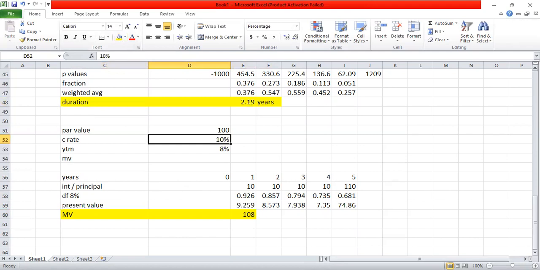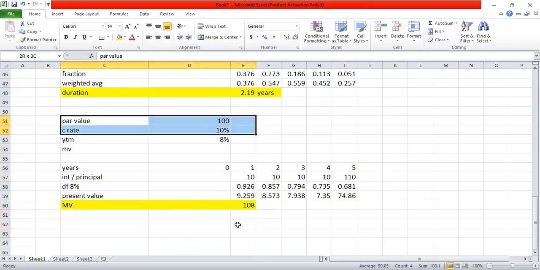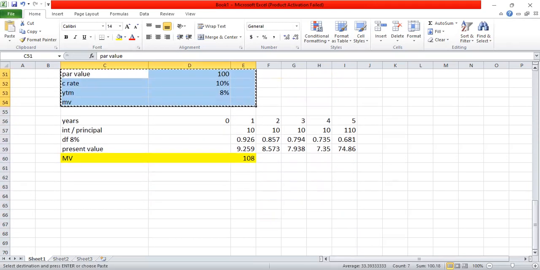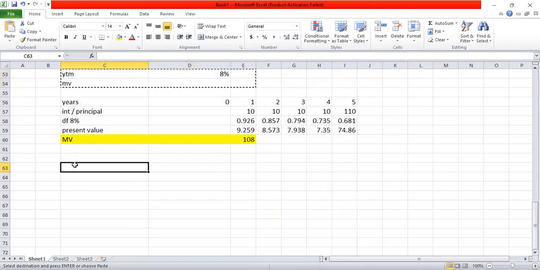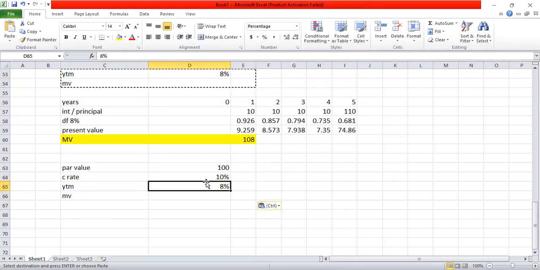Now, simply, just to save the time, you can again calculate. If the requirement is the same, like this is the requirement, and now examiner is saying compute the YTM.